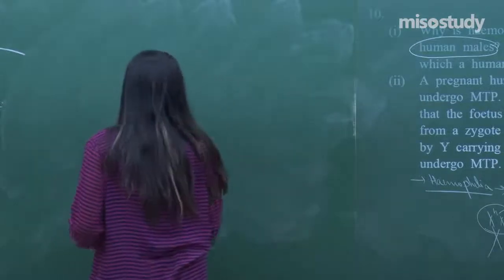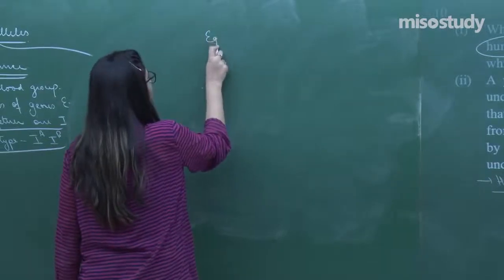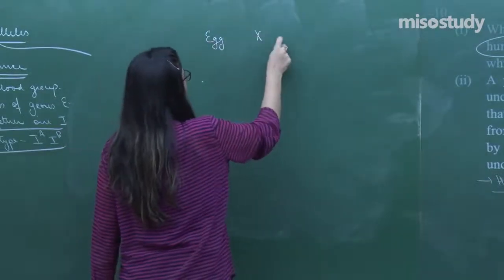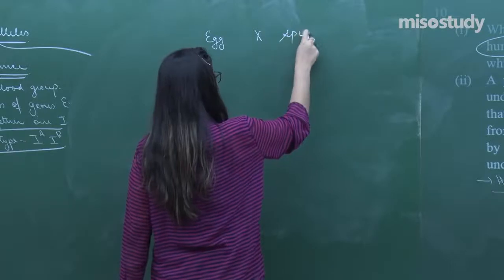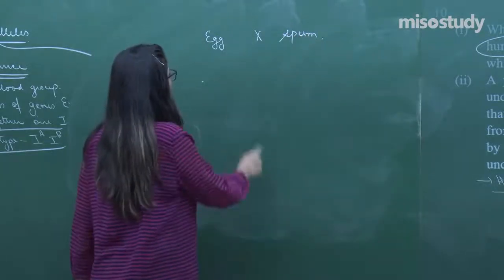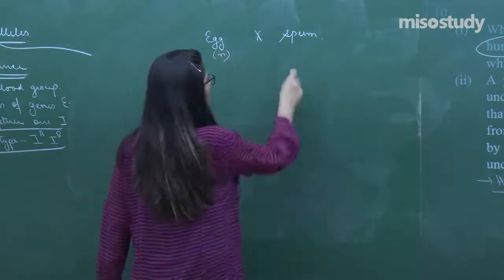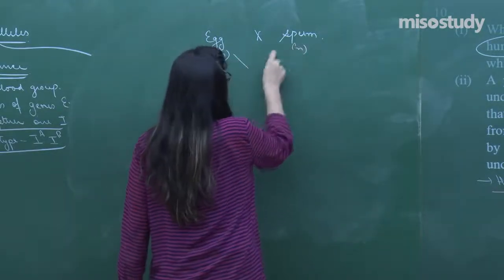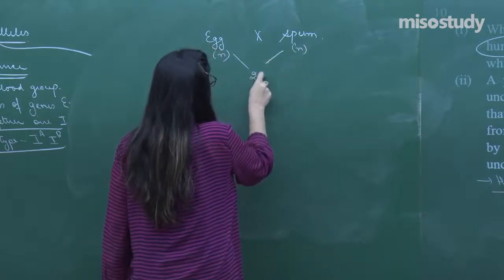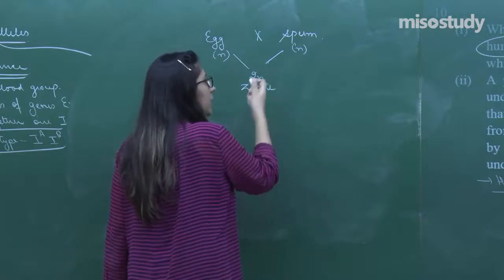Very good question. Whenever fertilization happens between two types of gametes, one an egg and another a sperm, normally the egg is haploid and the sperm is also haploid, and when fertilization happens, the 2N zygote is produced. That happens in the normal condition.